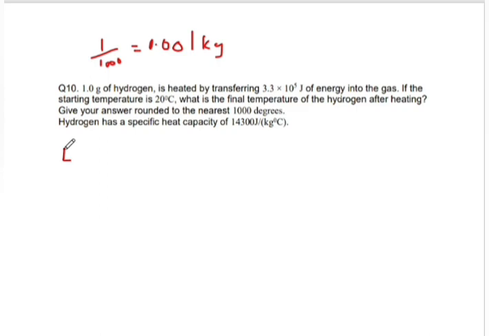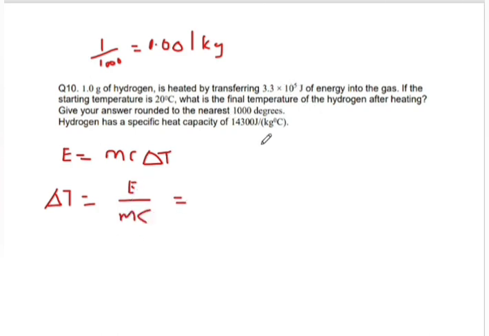So by applying the formula, E is equal to m c delta theta. Delta theta is the temperature change, so we'll make delta theta the subject of the formula. So delta theta is going to be equal to E divided by m c.